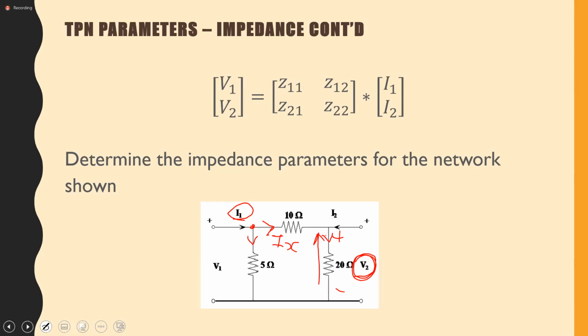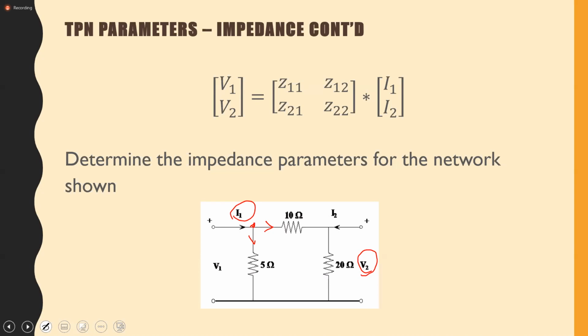Sir, can you run that again, please? I am interested in finding an expression for V2 in terms of I1. So I1 comes to this node. It divides between the 5 and 30.